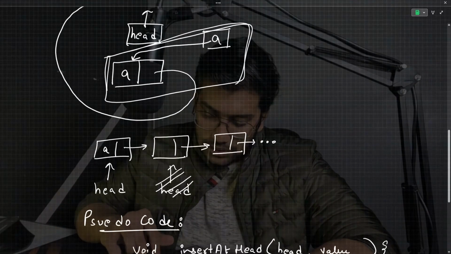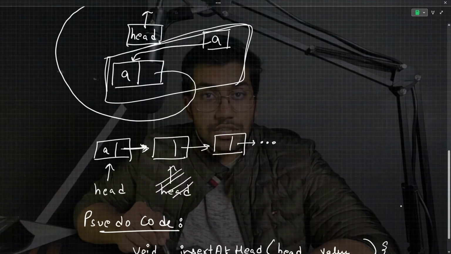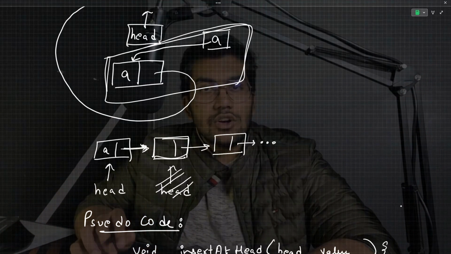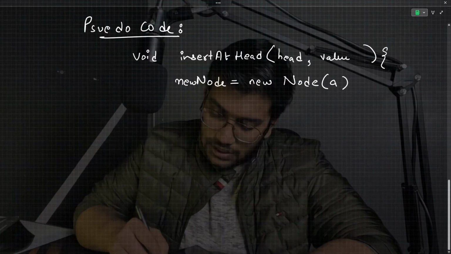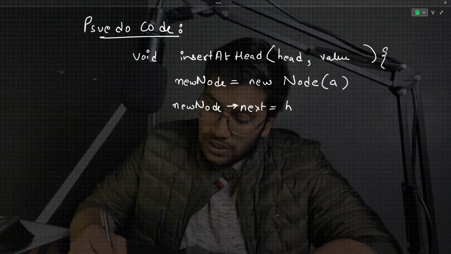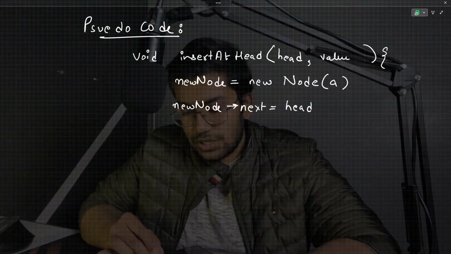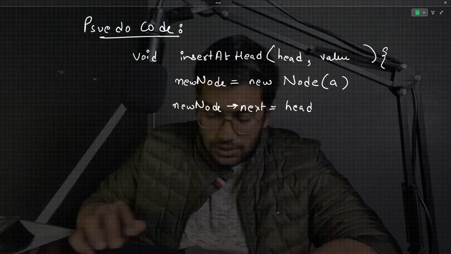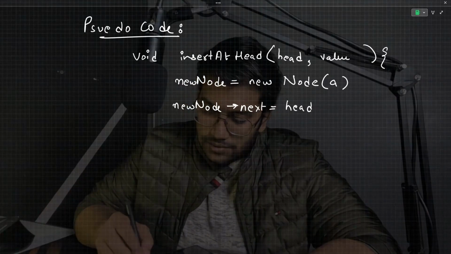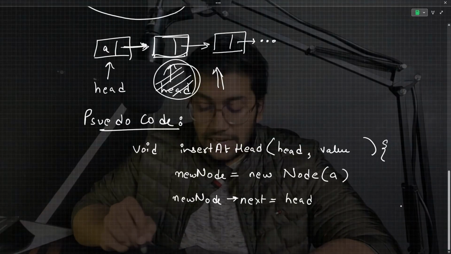Then what I have to do is assign the next pointer of this node a to the head of this linked list. So new node next is equal to head. I'm making sure that the next of this new node is pointing to the head, okay, that's done. And after this, we have this condition before reassigning the head.